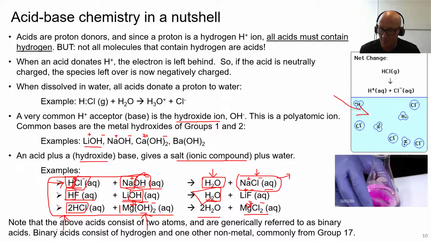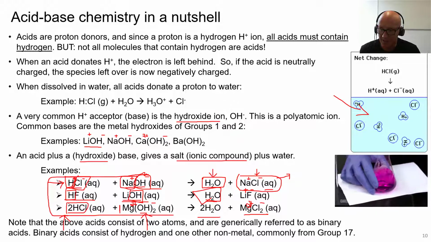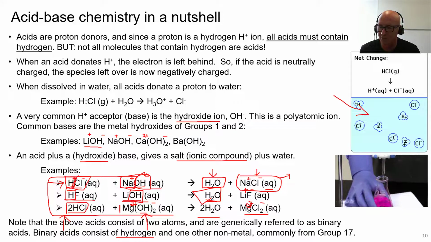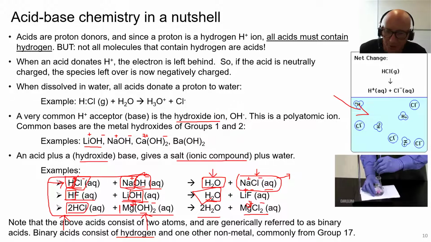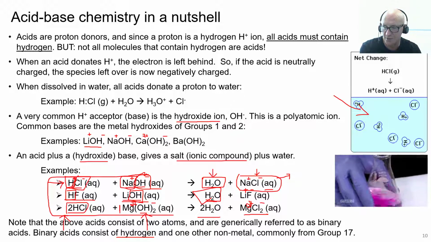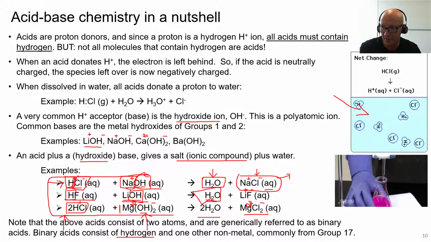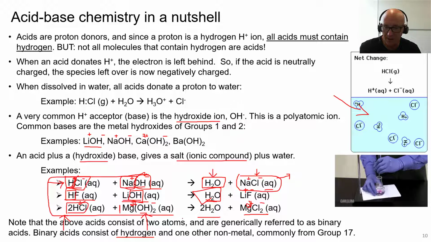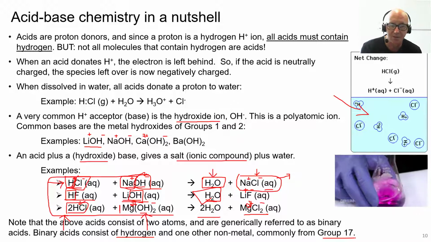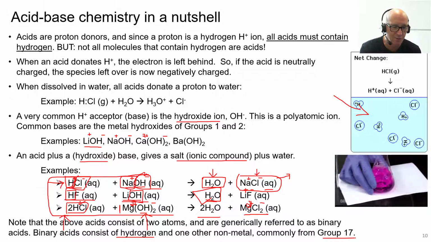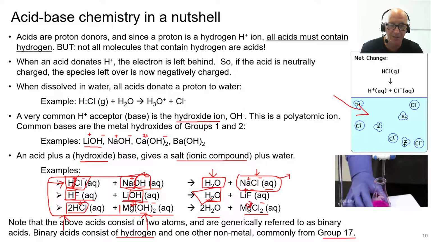So all these binary acids obviously have hydrogen in them, otherwise they can't give a proton, and then they'll have some other non-metal attached to them. It's got to be a covalent compound to start with, right? And commonly they're from group 17. Now if you look at group 17, it's right next to the noble gas family.